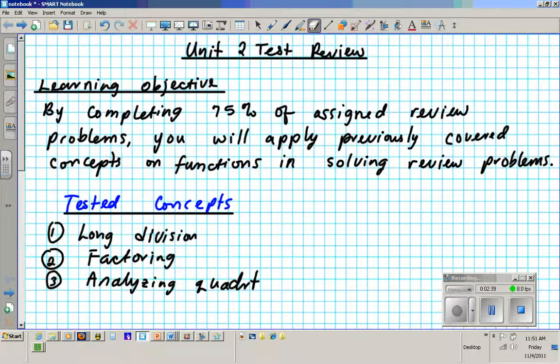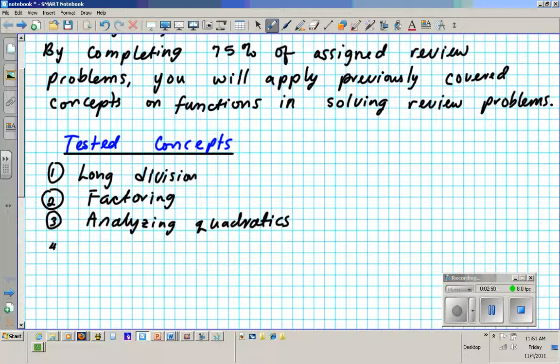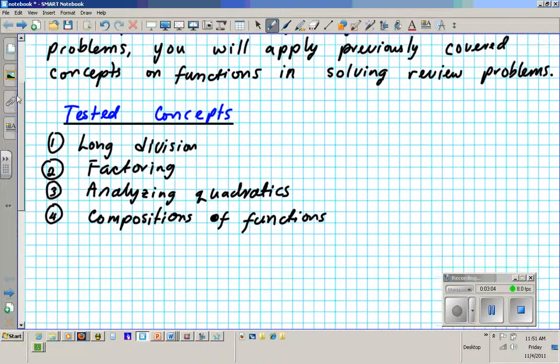Oh snap, I misspelled it. Quadratics. And you're also going to be tested on composition of functions. All these concepts are contained in the problems in your review sheet. So if you go through those problems on the review sheet, you will hit all these tested concepts.